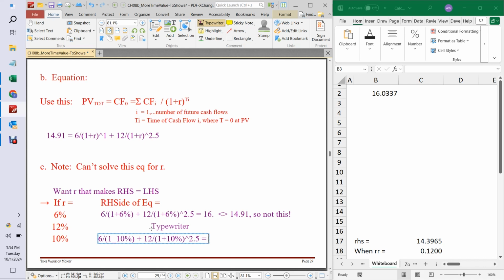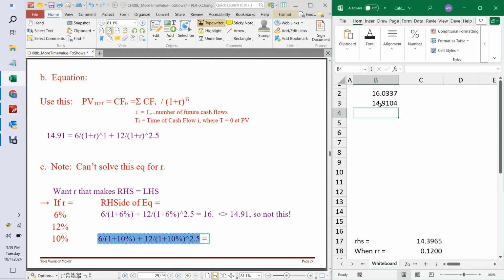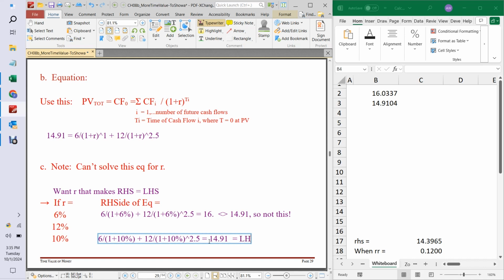Okay, and let's see if that is equal to or close to 14.91. Oh, look at that, 14.91. Okay, so this does equal the left-hand side. So this is it. Okay, so we can conclude that R for this deal is equal to 10%.